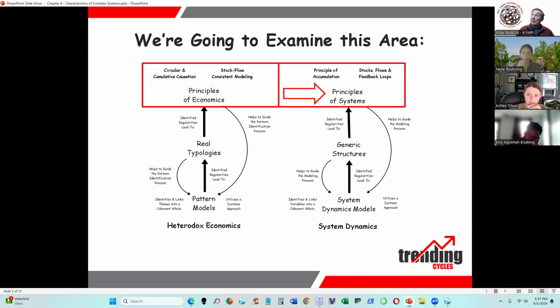So the heterodox economists do pattern modeling. They look for clues, and the clues are called themes. It would be like a physician looking at a sick patient's symptoms, or a detective at a crime scene looking for fibers or lipstick or a handkerchief, whatever you look for at a crime scene, right?